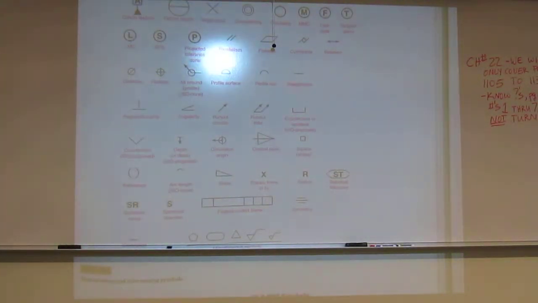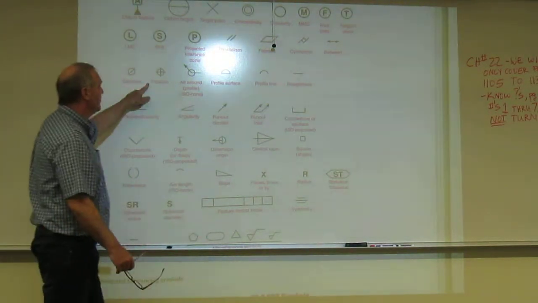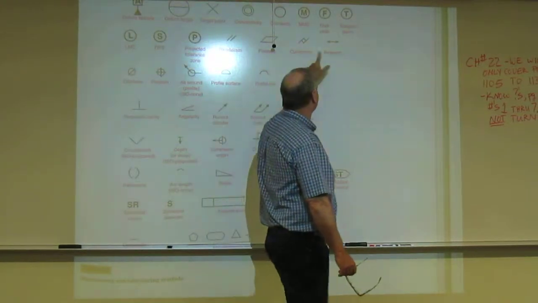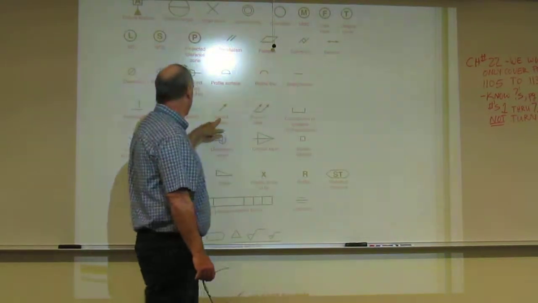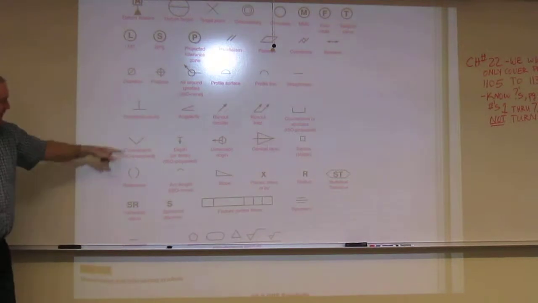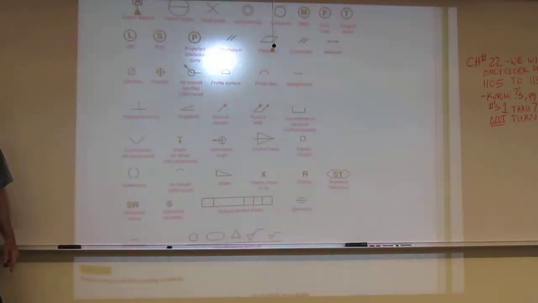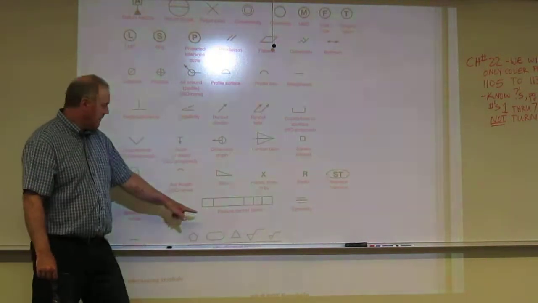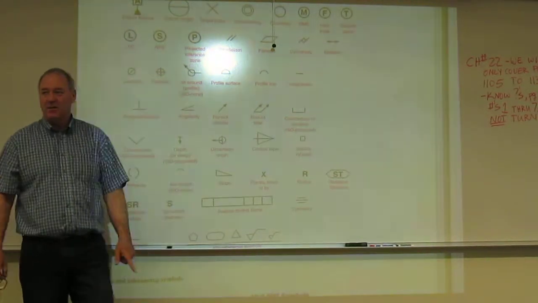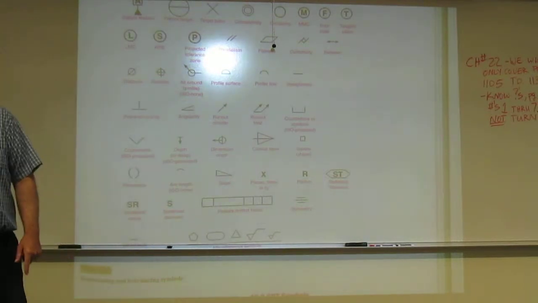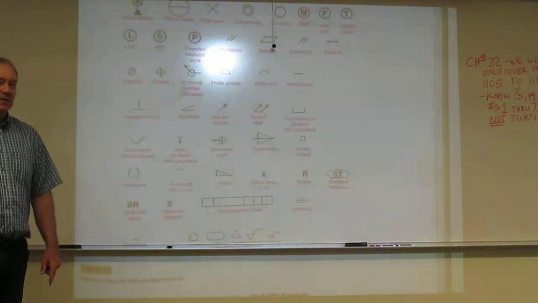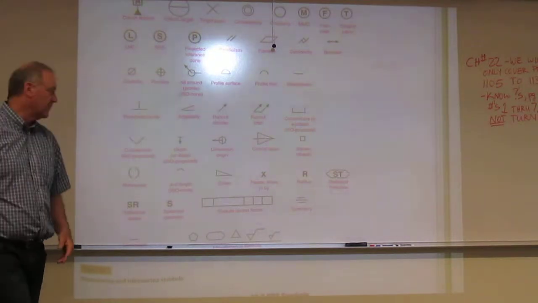The first part of it is the geometric symbol, whether we are using diameter, position, parallel, flatness, straightness, run out, angularity, perpendicular, these types of symbols. So what is the form we're trying to control? That's the first thing. Second thing that goes in there is the tolerance. Now this is a separate tolerance from the tolerance on the drawing, right? So we're coming into just the form.